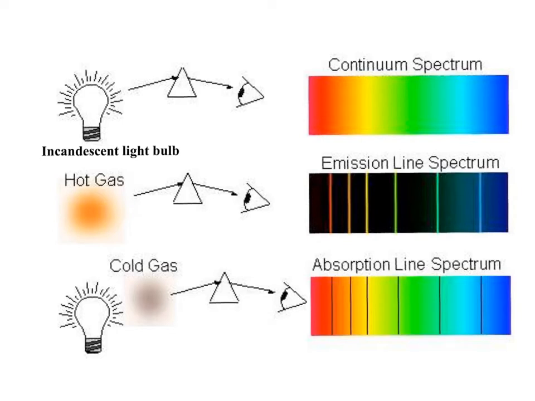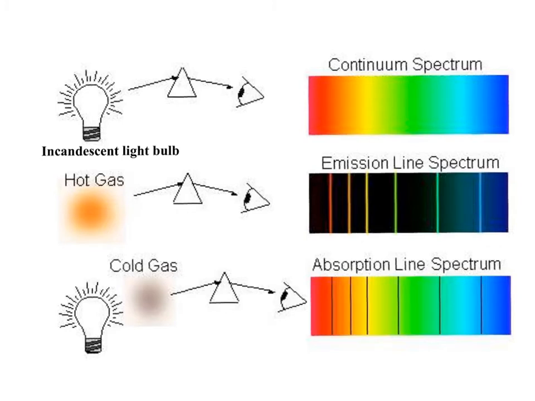If we take an element and heat it up so that it's a hot gas, and then it gives off electromagnetic radiation, and we split up that electromagnetic radiation, we do not get a continuous spectrum, but rather we get bright lines, what we call a bright line spectrum or line emission spectrum, which we have spent quite a bit of time on.